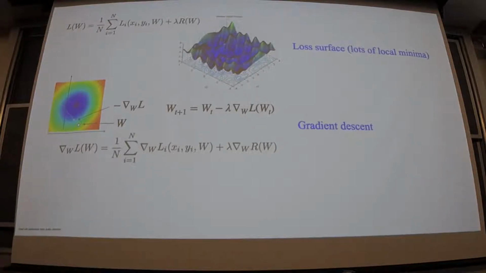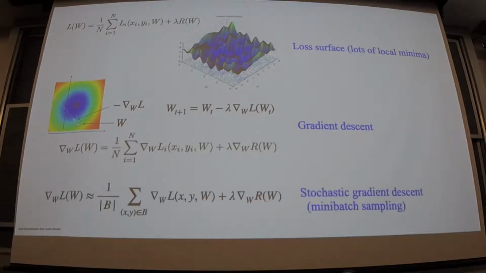If you're doing this over millions of images every single time you do an iteration, this will never converge. Converge eventually, but you might be 80 years old or something. It just is not the right thing to do. So we make yet another approximation in this wild world, and we do what's called stochastic gradient descent.